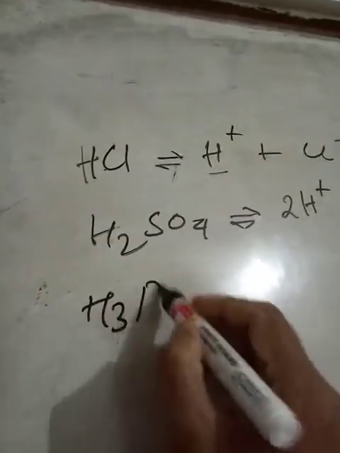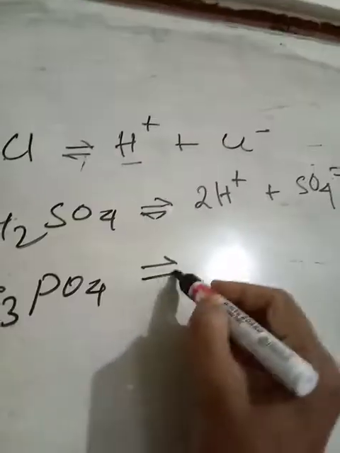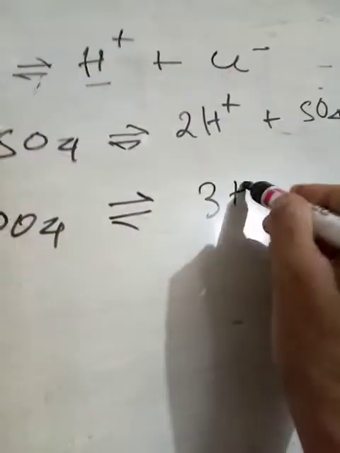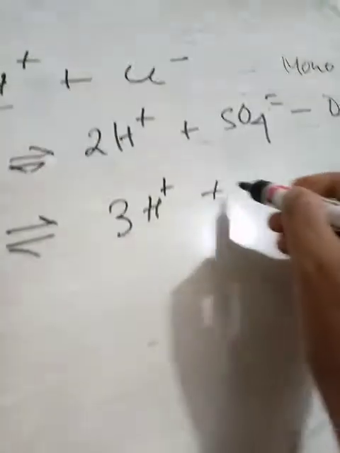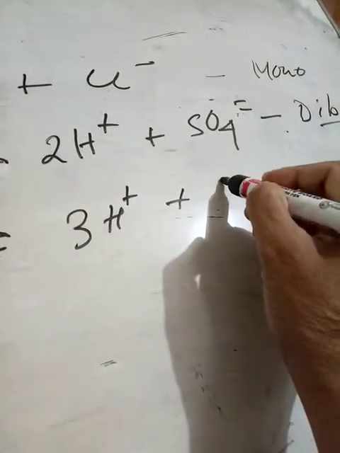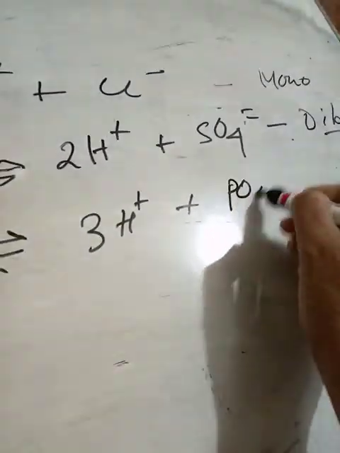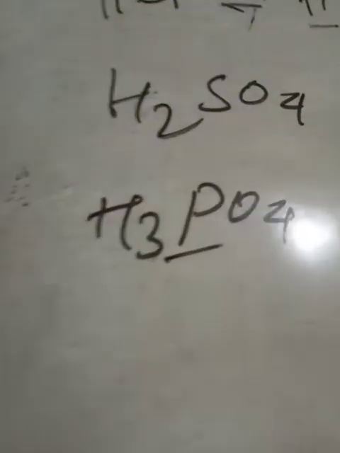H3PO4 is tribasic, as 3 moles of hydrogen ion are obtained from 1 mole of H3PO4.